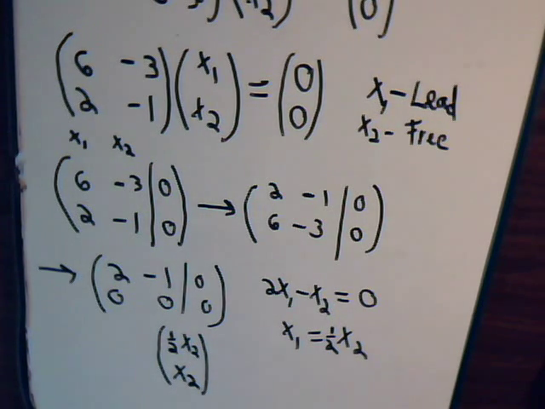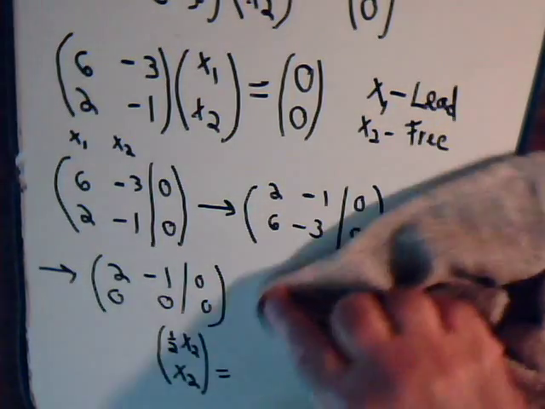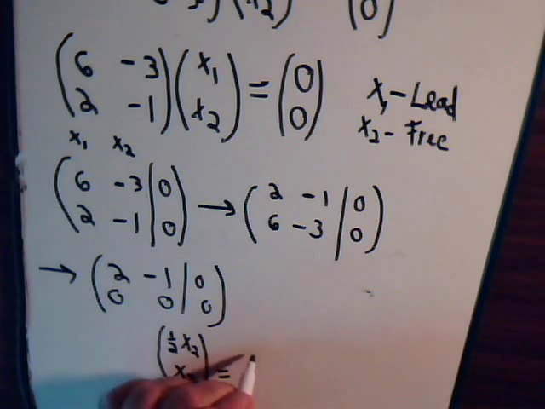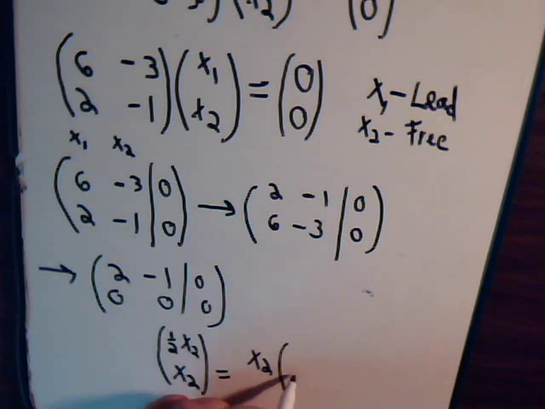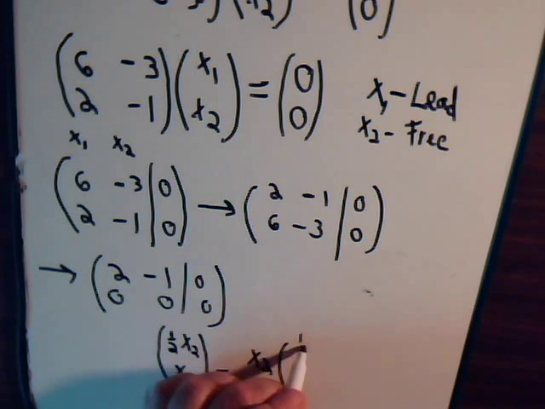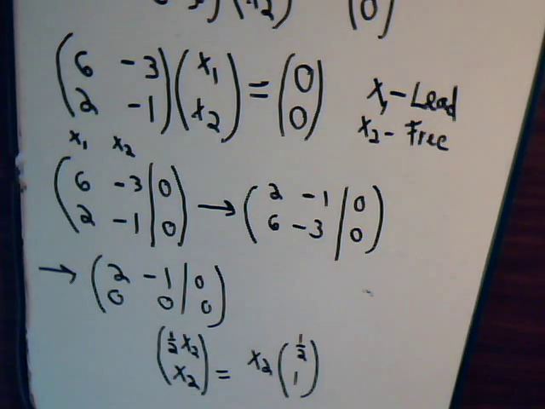So there's our eigenvector, and we can write this as x2 times (1, 1/2). Again, this is our eigenvector, and this can be any value we want it to. So if we want, this can be 2.